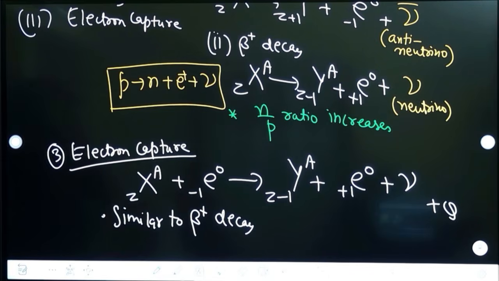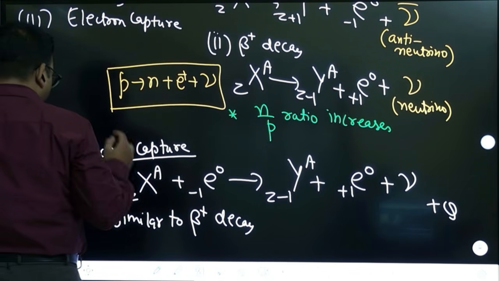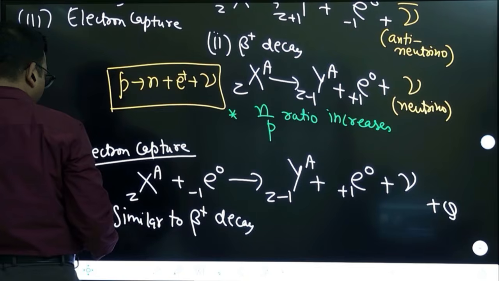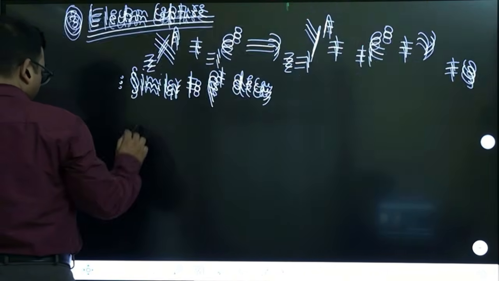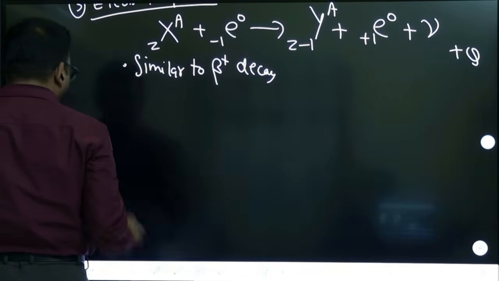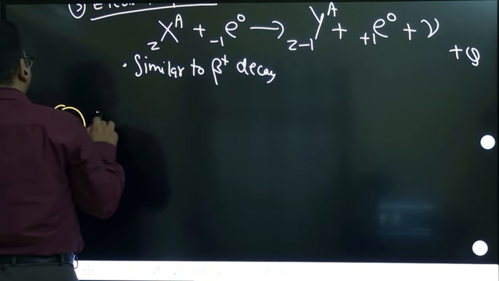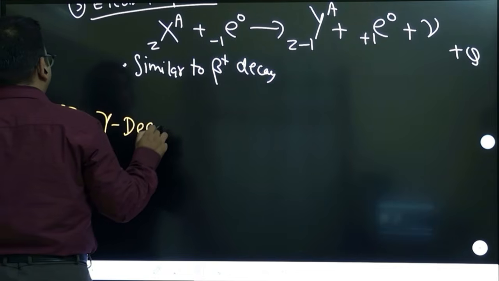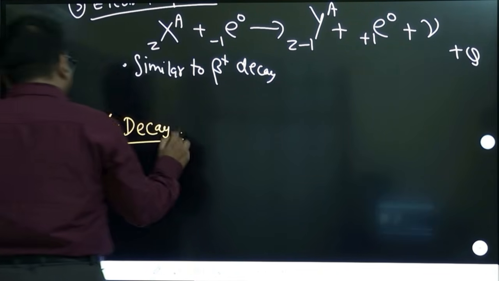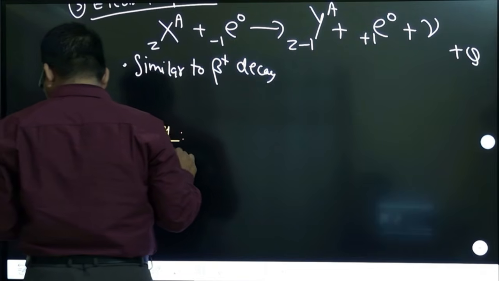Gamma decay. Last is gamma decay. So these are all beta decay only. Now let us go into gamma decay. Gamma decay is the third kind of decay. In gamma decay, no change happens.